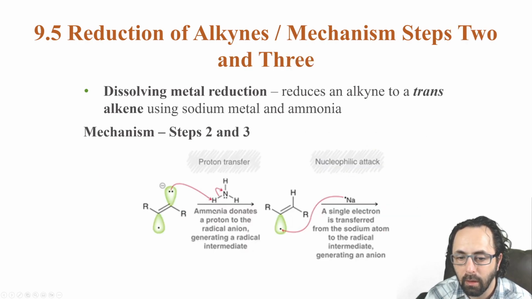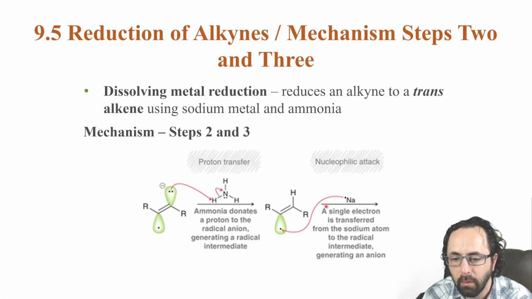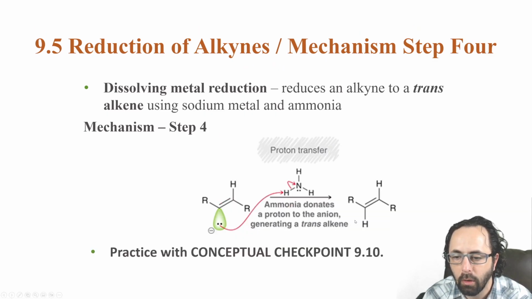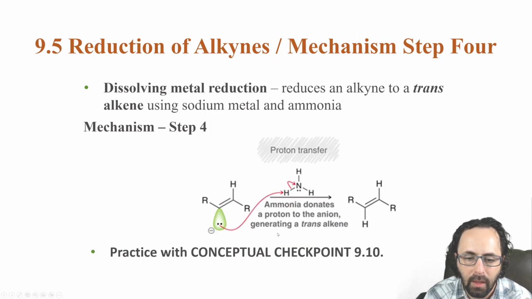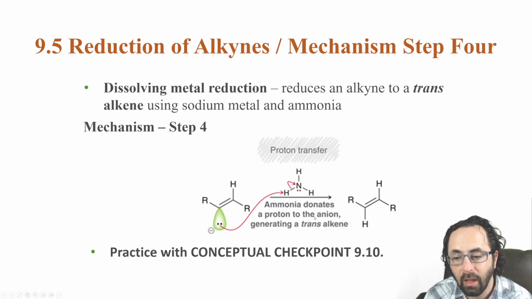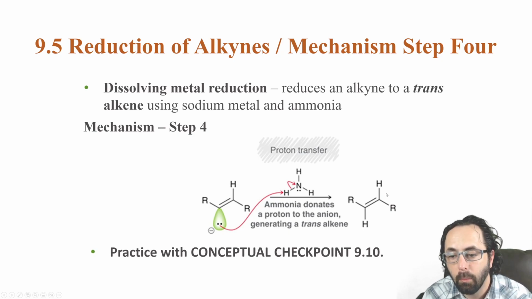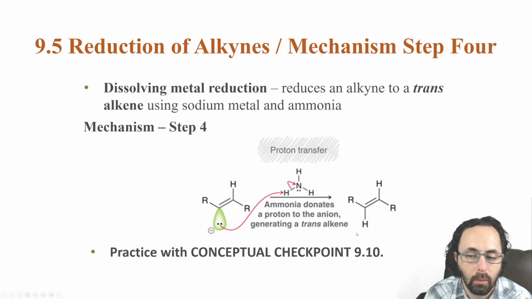And then ultimately we have the protonation, the movement of the electron here from the sodium, single fishhook arrow, note that. Finally we get the protonation to produce the trans alkene. And so that is an important mechanism to help you to understand why the dissolved sodium reduction results in the trans addition of hydrogen.